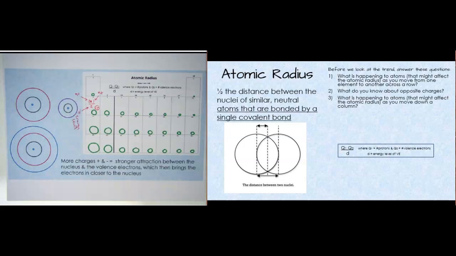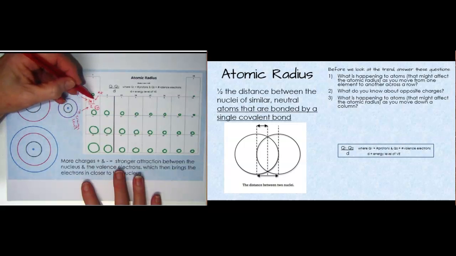The second thing: the first question is what happens as we go from side to side, and the second question is what happens when we go up and down a column. And what we know here is that the D value is increasing.